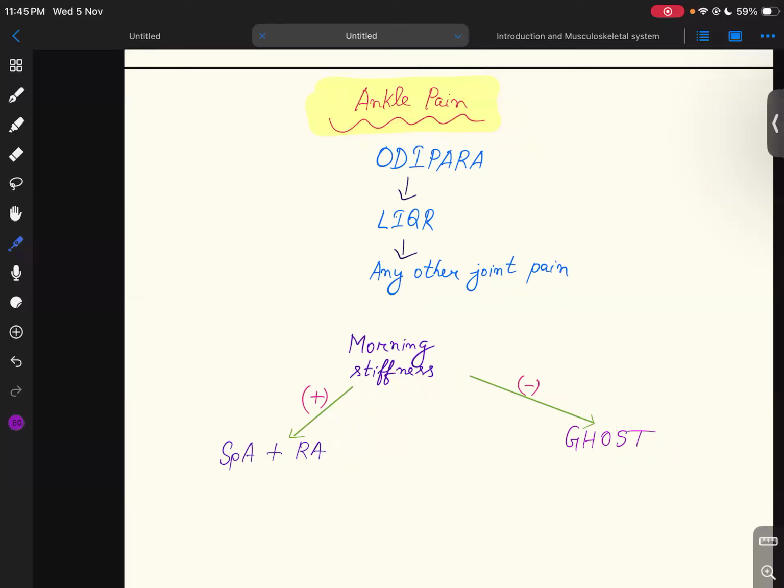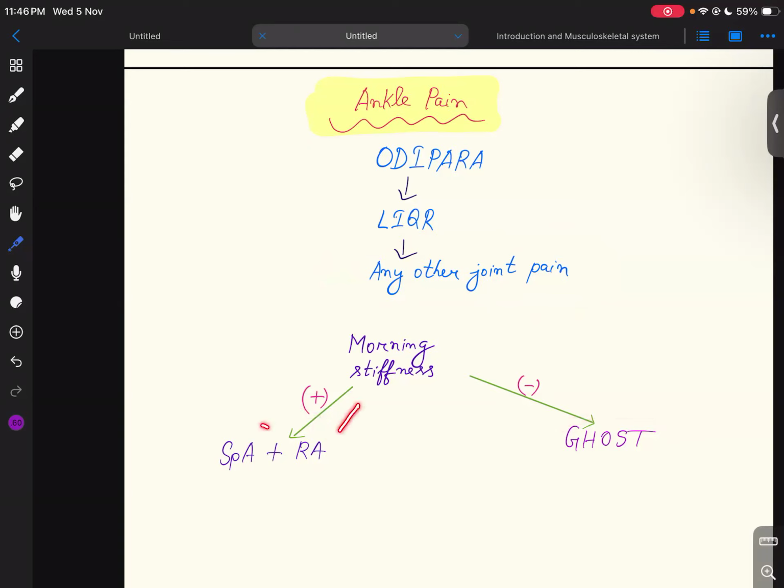First, we have to analyze the symptom using the mnemonic ODPARA, that is onset, duration, initial episode, progression, aggravating factor, relieving factor. I think all of you are acquainted with ODPARA. Then we have to localize the pain, intensity, quality, and duration. Then we have to ask, is there any other joint pain? Then based on the morning jamming, we have to differentiate whether it is inflammatory or mechanical. It will be the same as the knee pain.